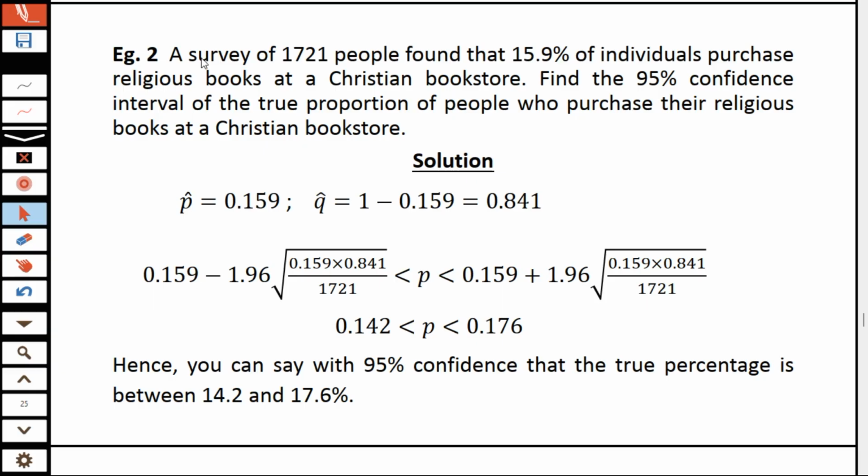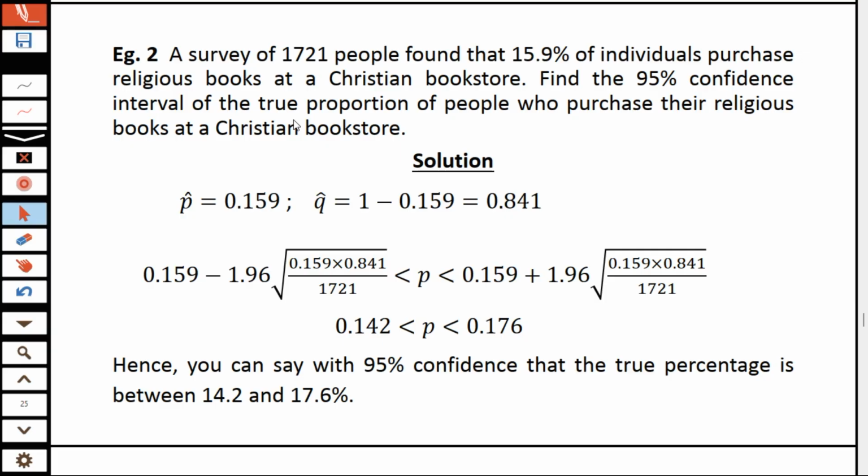So let's go through another example. This is our last example under this section. It says a survey of 1,721 people found that 15.9% of individuals purchase religious books at a Christian bookstore. Find the 95% confidence interval for the true proportion of people who purchase their religious books at the Christian store.